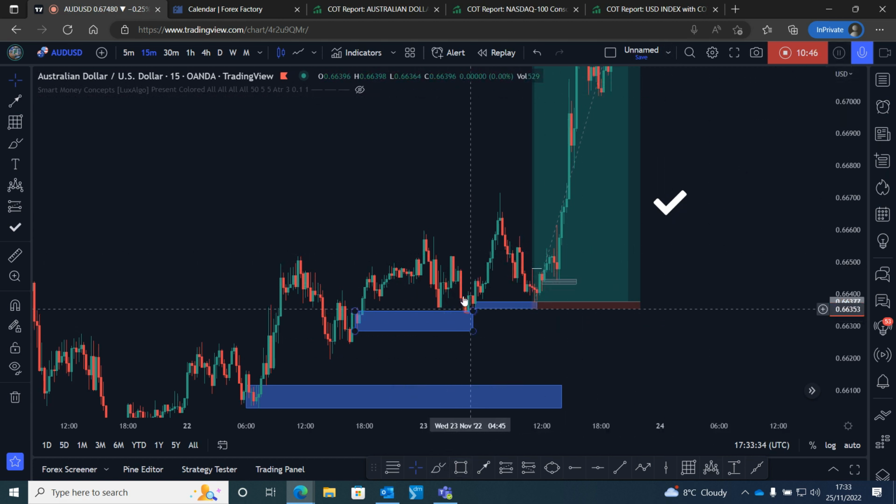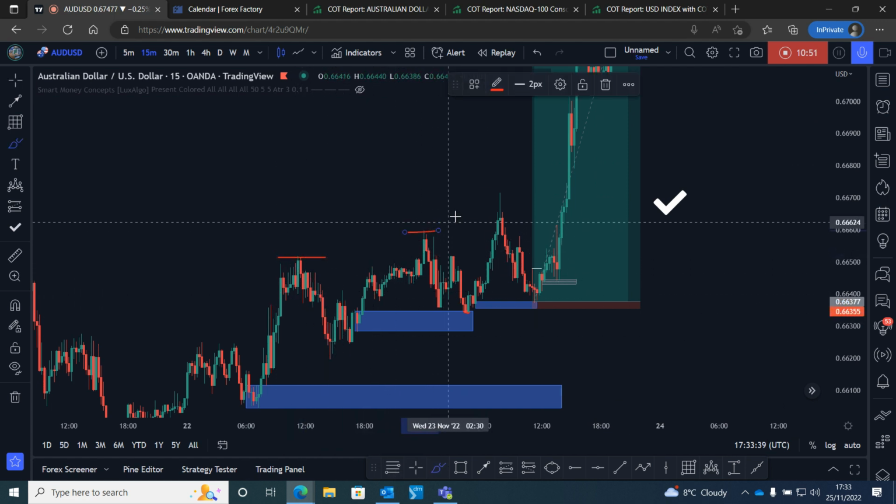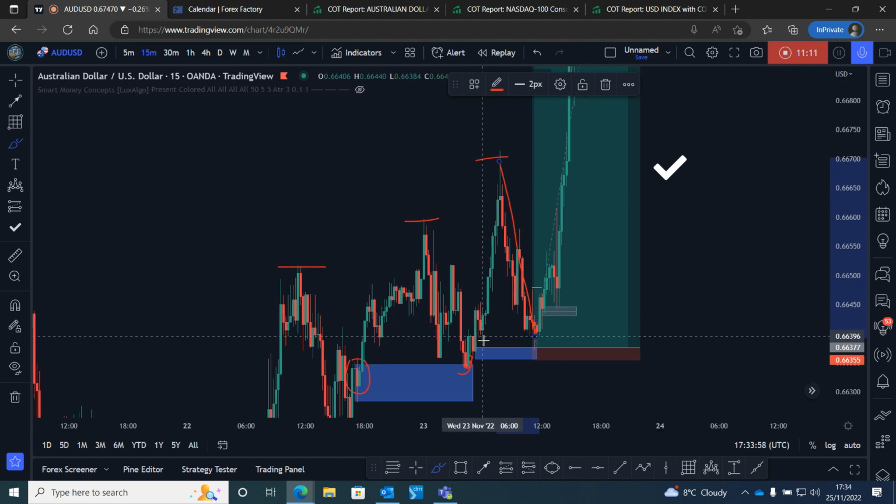Since we were breaking structure each and every time and I was identifying all the blocks as we moved on, I realized we've broken our structure here, come down and tested this order block, and broken this structure here. Now I'm expecting price to come down smoothly and touch this order block here.